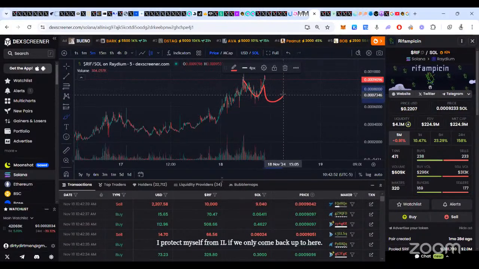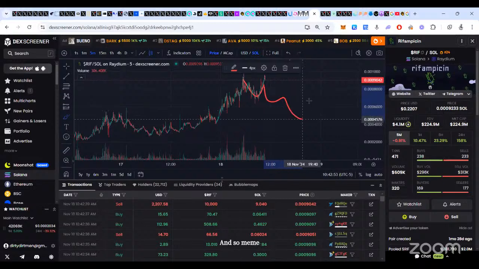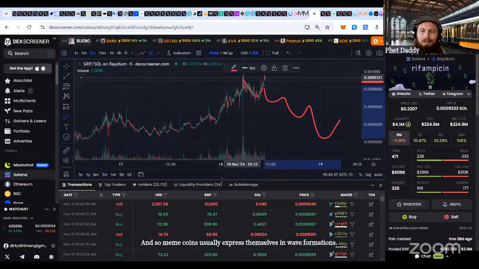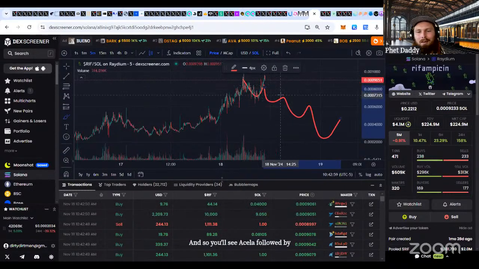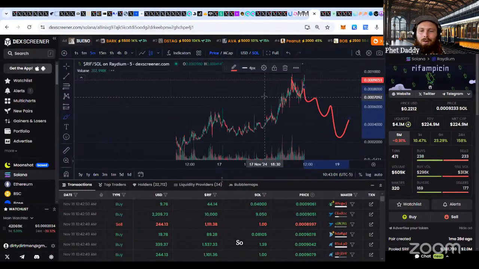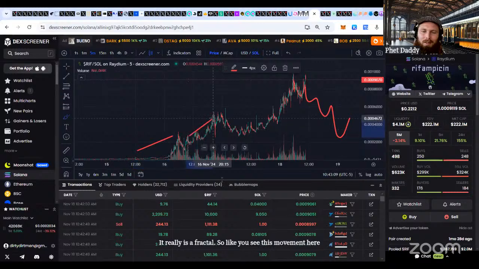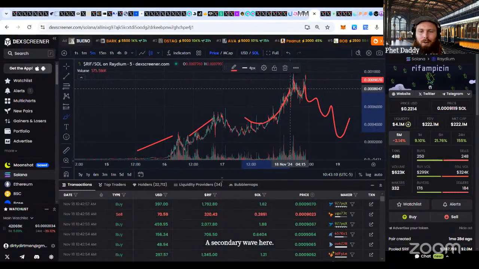Meme coins usually express themselves in wave formations. You'll see a sell-off followed by buyback, sell-off followed by buyback. It's a fractal. So you see this movement here, a secondary wave here, and then the tertiary wave here.